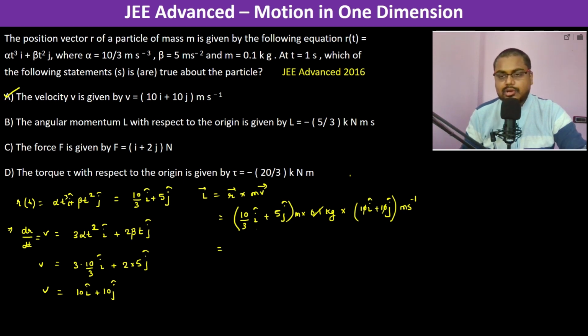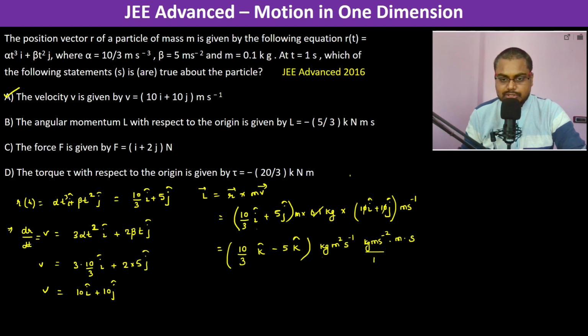I cap cross I cap is 0, I cap cross J cap is K cap, so 10 by 3 K cap. J cap cross I cap is minus K cap, so minus 5 K cap, and J cap cross J cap is 0. The unit is kg meter squared per second, which we can also write as kg m s to the minus 2 into m into s.